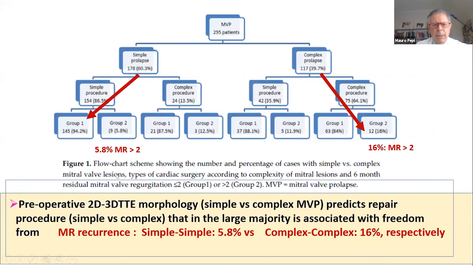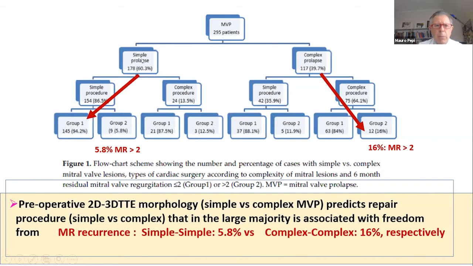And the recurrence of mitral regurgitation was clearly different. The pre-op 3D TEE morphology, simple or complex, predicts repair procedure that in large majority is associated with freedom from mitral regurgitation.